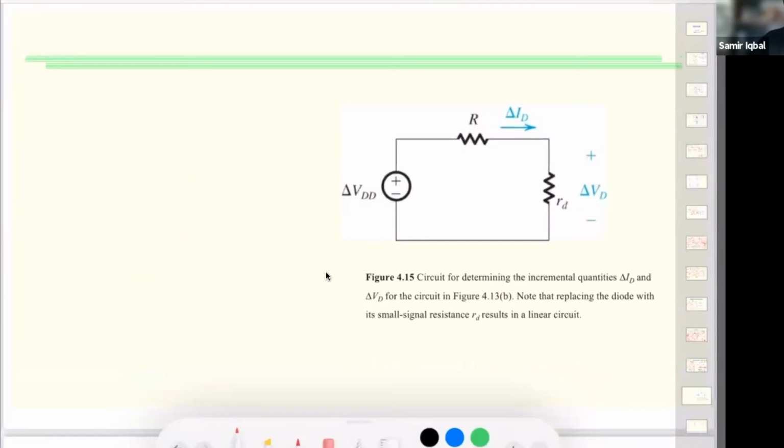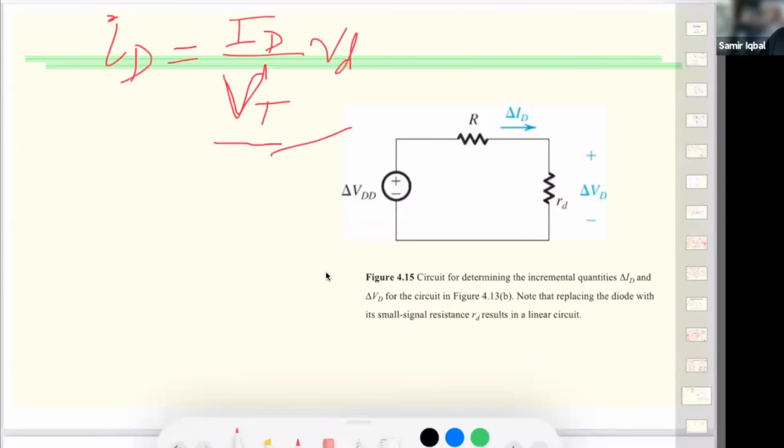So now we're going to apply these fundamental relationships that we have developed, especially the signal current component, with this component, which is directly proportional to VD, from which we have found that this is small signal conductance.